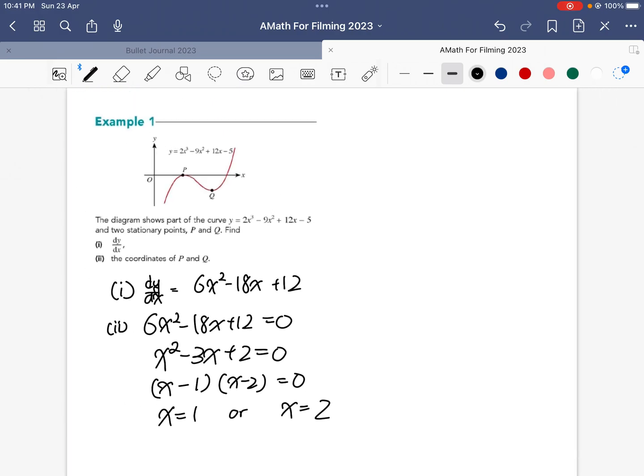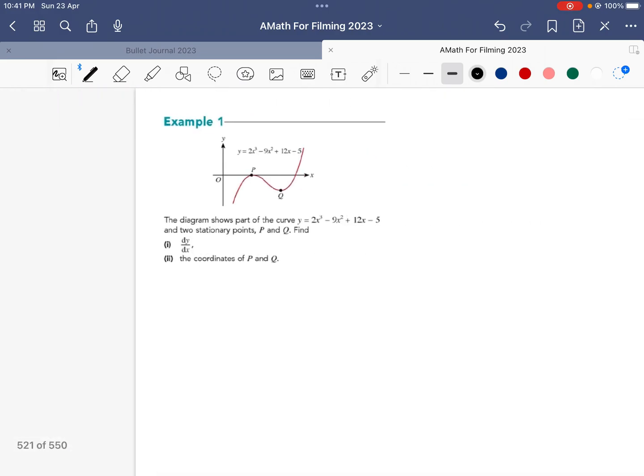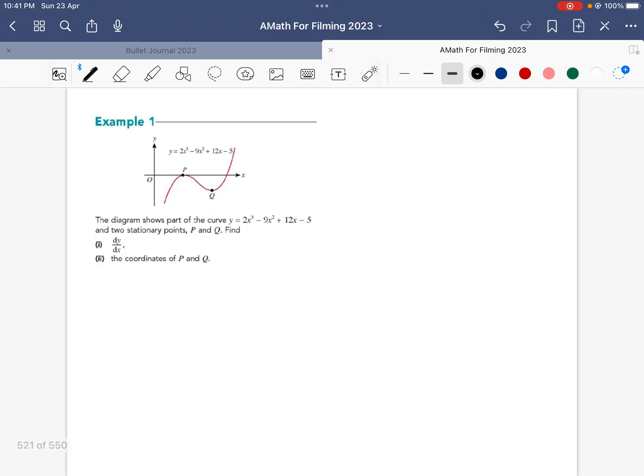Now, we got x equals 1, x equals 2. Our question is still not done yet. Copying from the previous slide, x equals 1, x equals 2. We still have not solved for P and Q. So to get my y value, I will substitute my x value into the equation down here. Therefore, y equals 2 times 1 cubed minus 9 times 1 squared plus 12 times 1 minus 5.